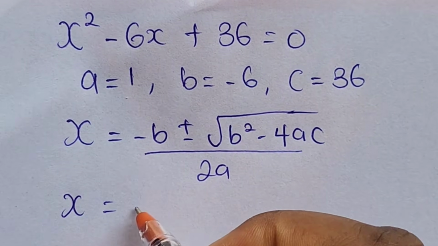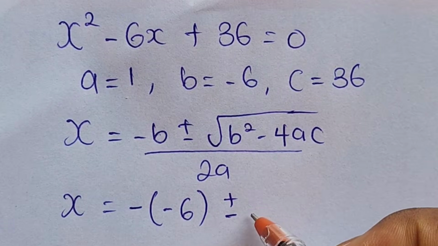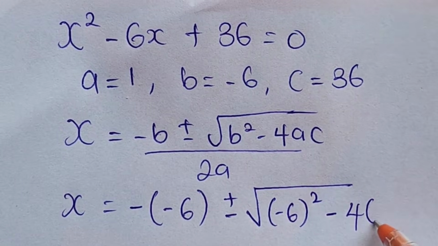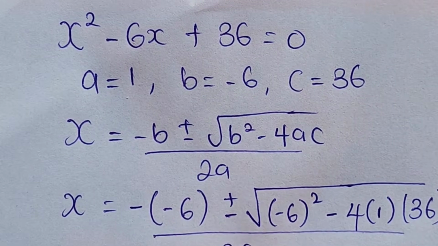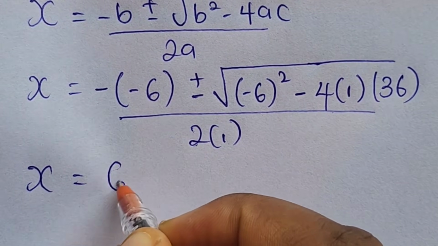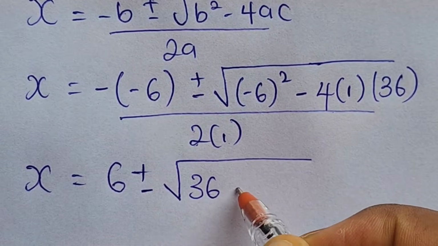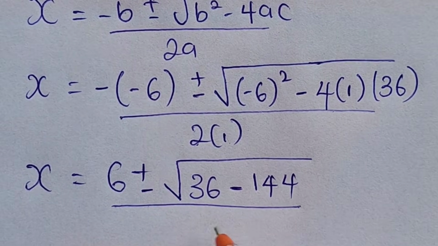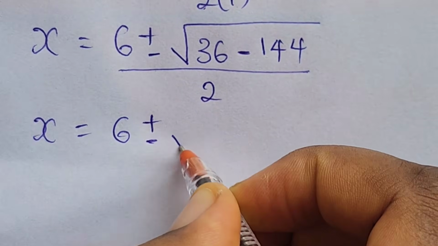So we have x equal to minus, our b is minus 6, plus or minus root of (minus 6) all squared minus 4 times 1 times 36, over 2 times 1. So our x is equal to negative times negative, we have positive 6, plus or minus the square root of 36 minus 144, all over 2.